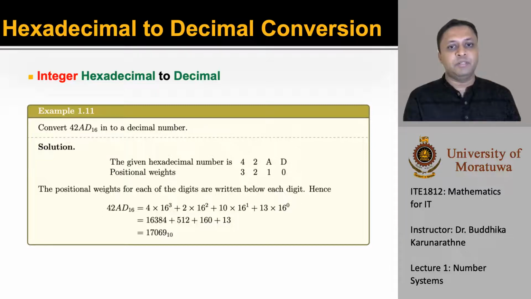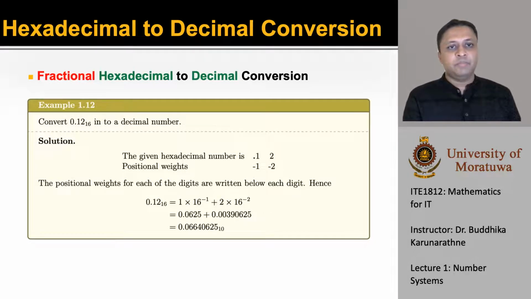Positive in this case because it's an integer value, not the fractional part. So you once again write down the corresponding numbers: 4 times 16 to the power 3 plus 2 times 16 to the power 2 plus so on. And you add up all those numbers, you will get the decimal number corresponding to the hexadecimal number 42AD.